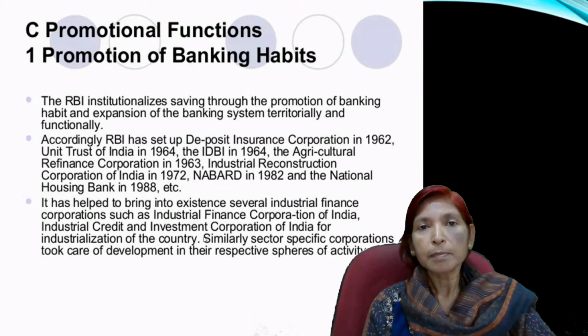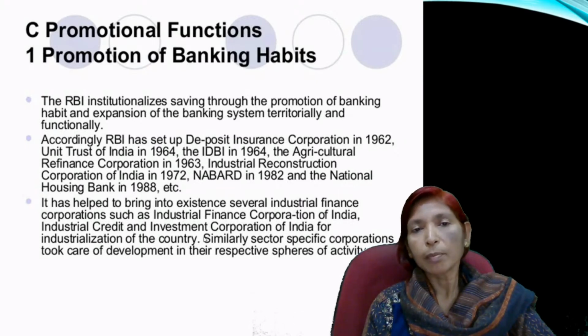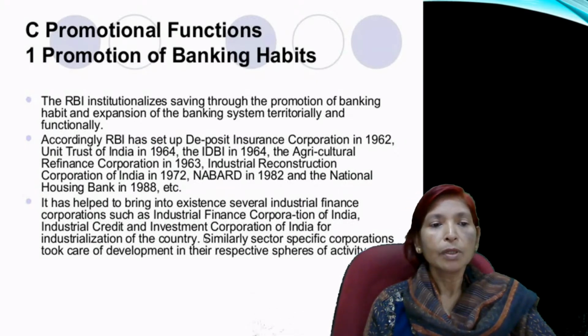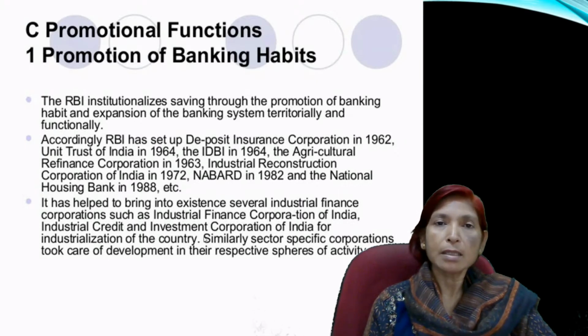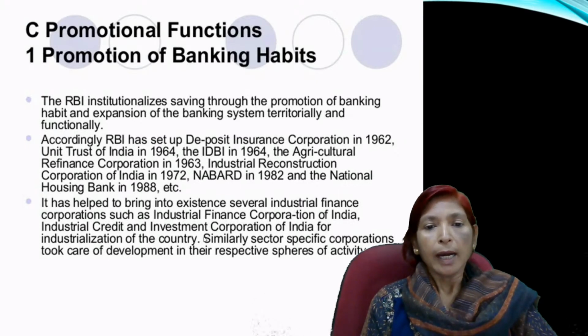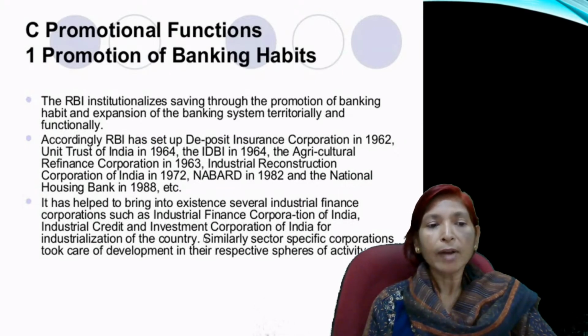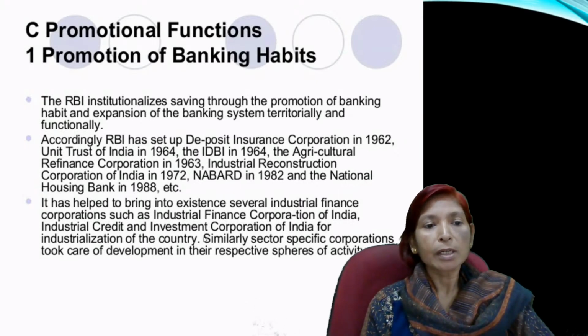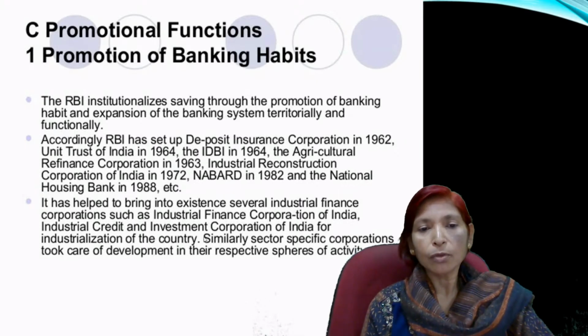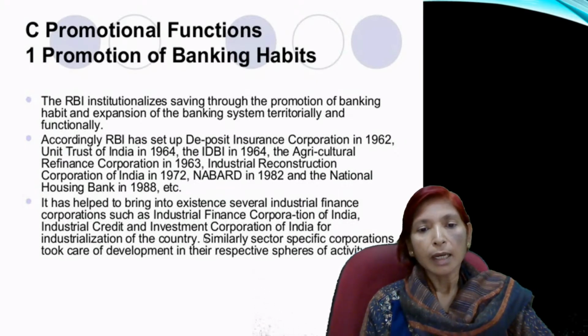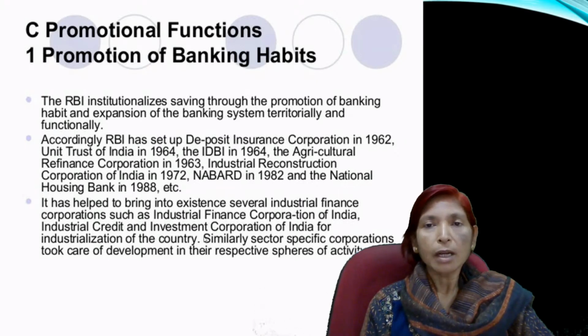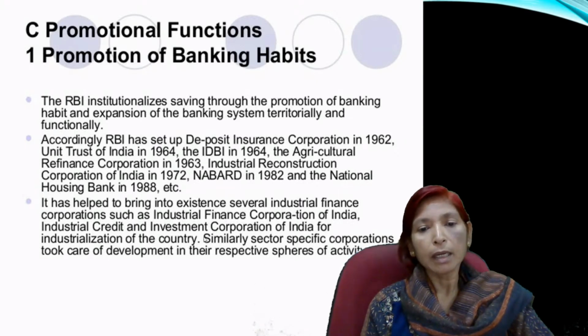RBI has set up the Deposit Insurance Corporation in 1962, Unit Trust of India in 1964, IDBI in 1964, the Agricultural Refinance Corporation in 1963, Industrial Reconstruction Corporation of India in 1972, NABARD, which provides loans and advance facilities to the agriculture sector, in 1982, and National Housing Bank in 1988.